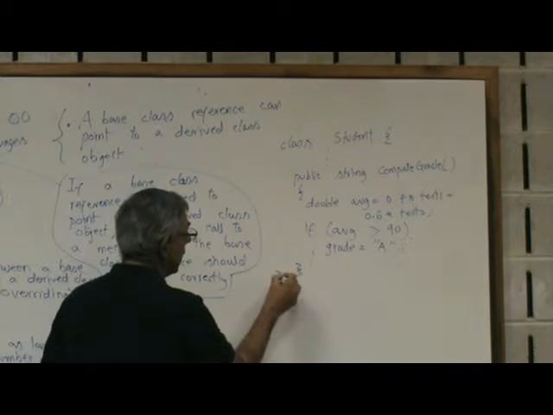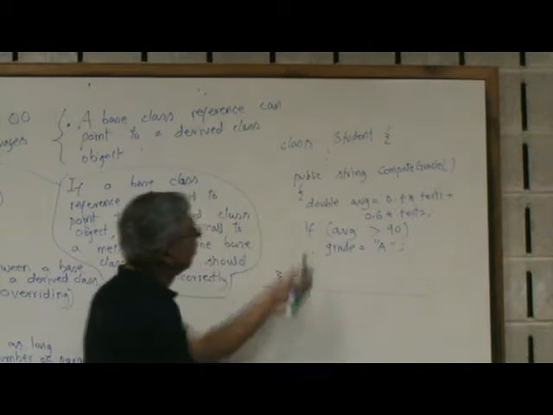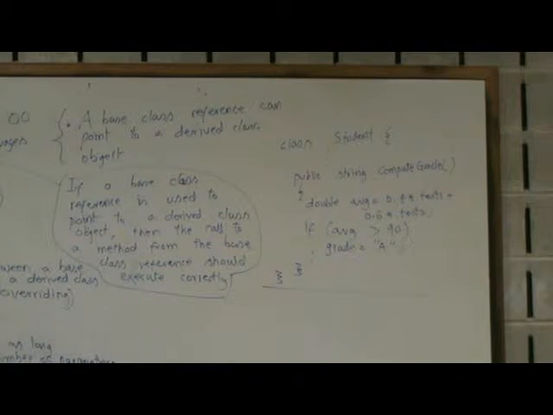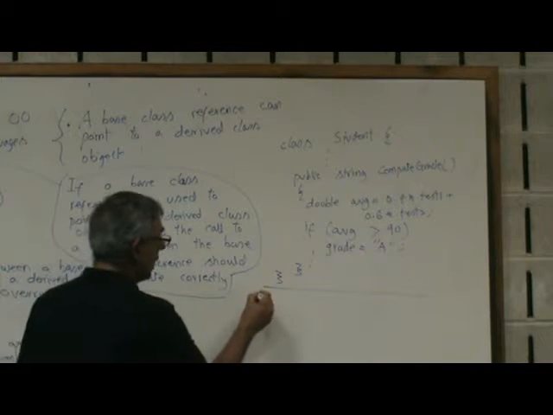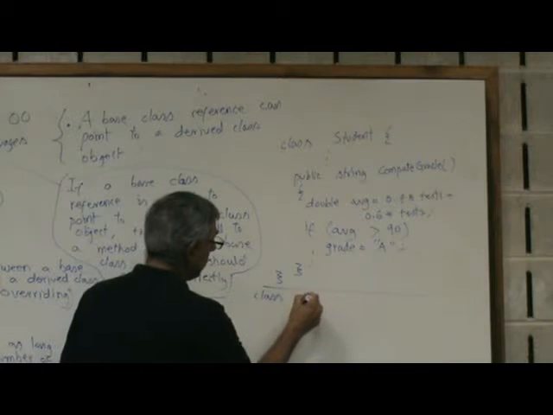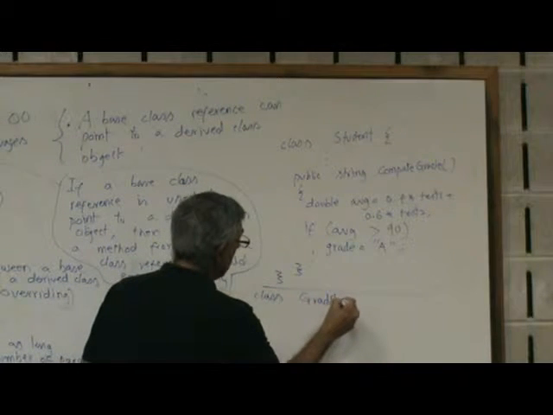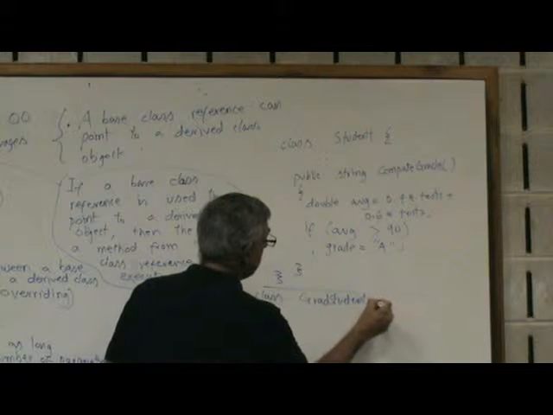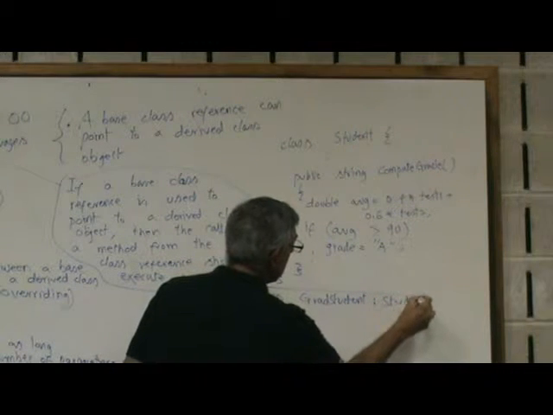Okay, so in the Student class, we had a ComputeGrade method which gives 40% of the weight to test1 and 60% of the weight to test2, right? Now let's create a class called GradStudent, which inherits from Student.